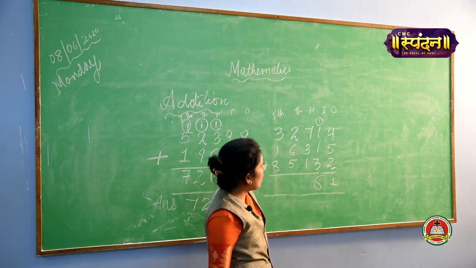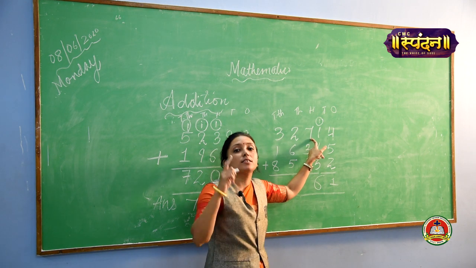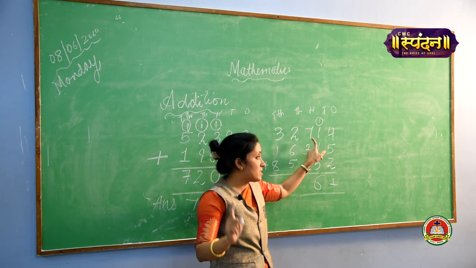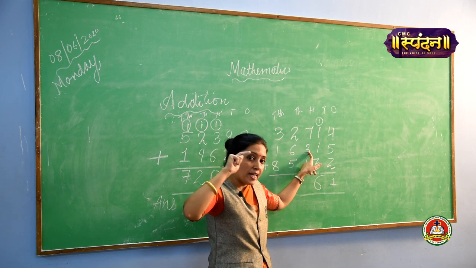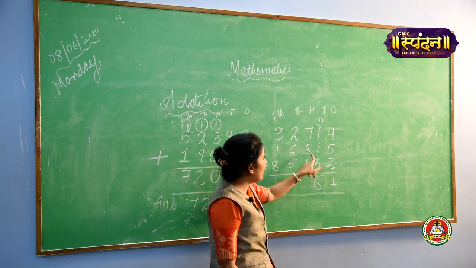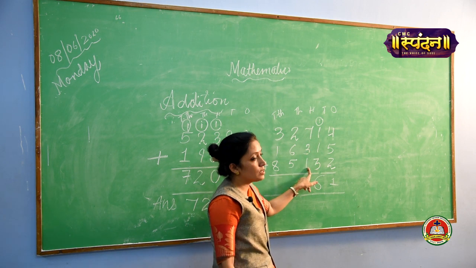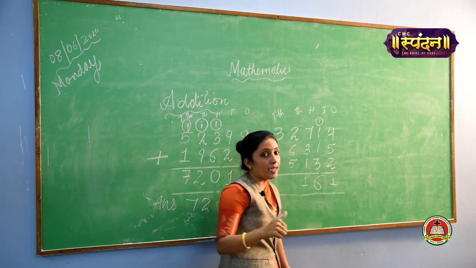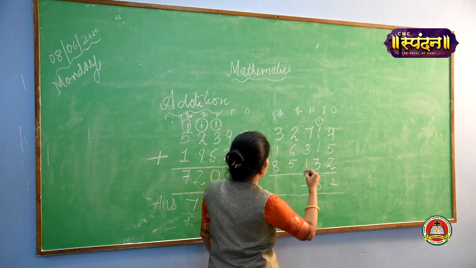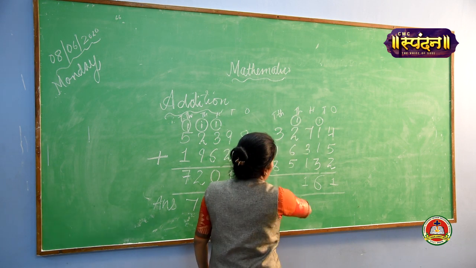Now, what do we have here? 7. So 7 I am going to keep in my mind. 7 plus 3 is 10. 10 plus 1 is 11. Yes, it's 11. So again, it's going to be a carryover.